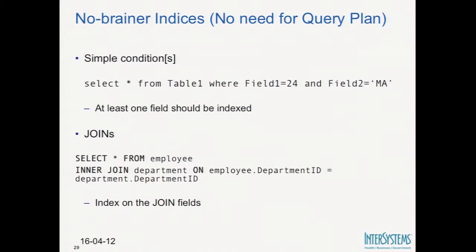The second is, if you're doing a join, you should have an index on either one or both sides of the join, depending on the join type. Again, you don't need to analyze the query execution path to say that you need that.